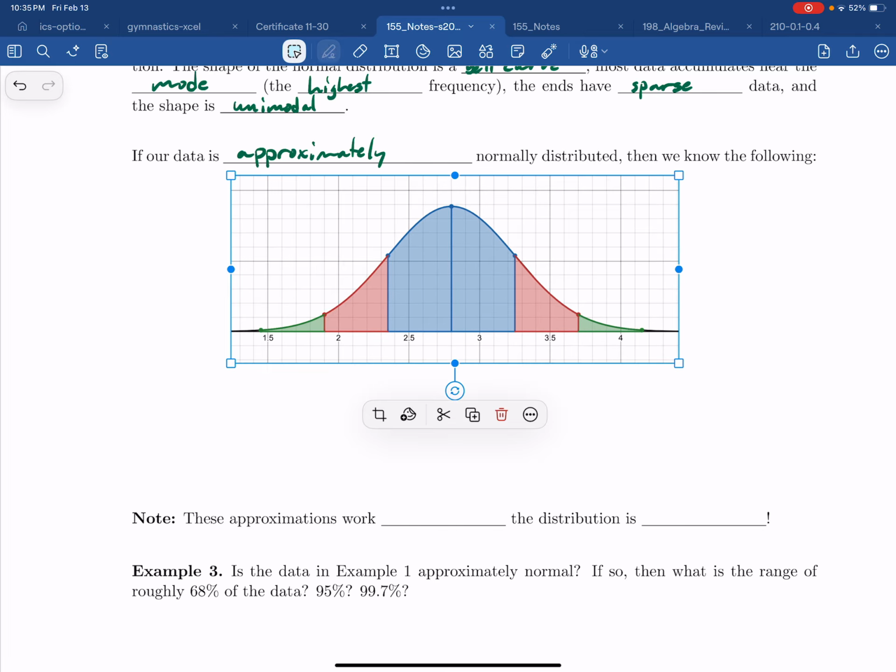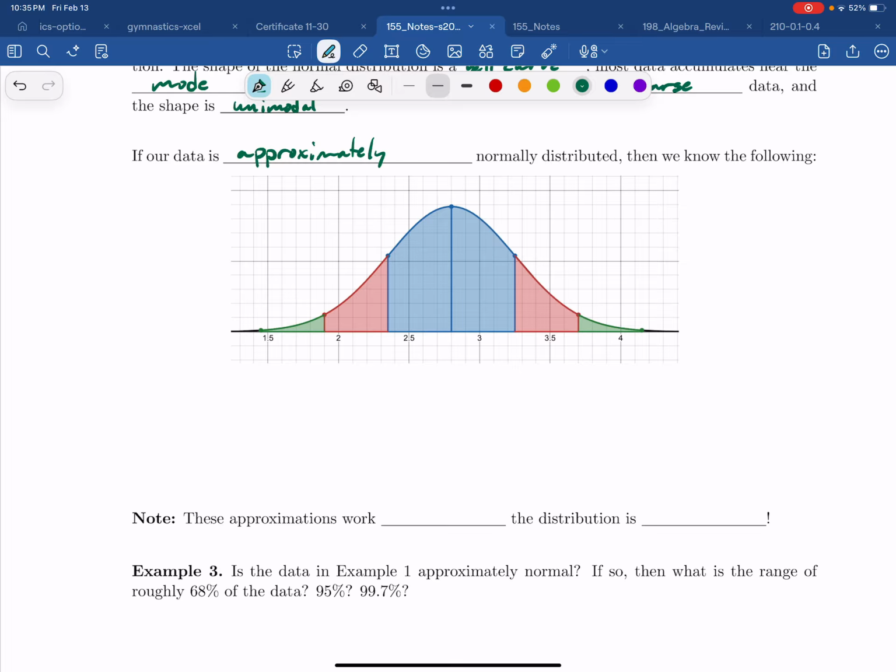Okay. So what does it say? It says that roughly 68% of the data is within the interval mu minus sigma to mu plus sigma.